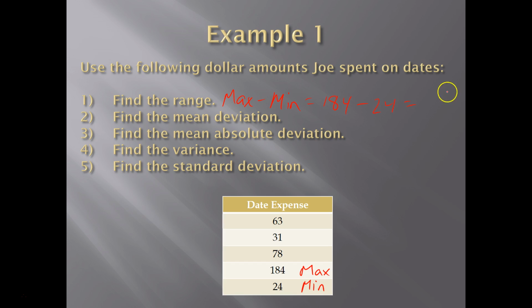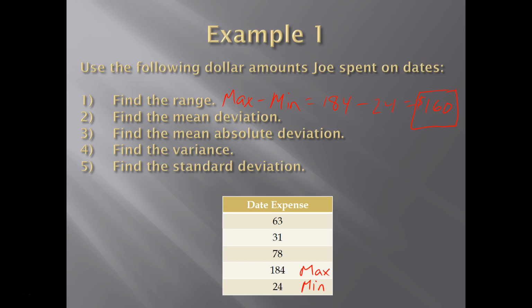When you subtract those, that's 160. So that is the range of his entertainment expenses. We're assuming these are dollars, and it does say in the instructions, use the following dollar amounts. So since we know these are dollars, we could put the dollar symbol in our answer. I would suggest using units of measure whenever possible.